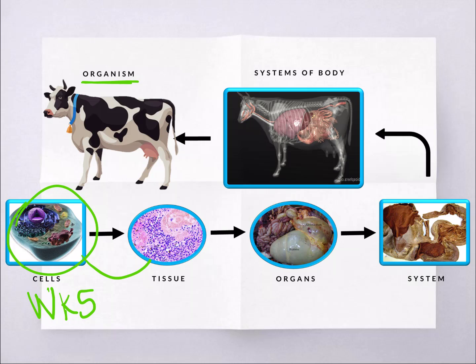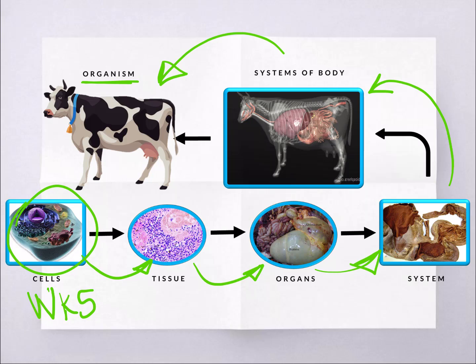And cells build tissue, which builds organs, which builds a system. That system then builds all of the body systems, which then allows an organism to function, to stay alive, to breathe, to digest, and do all of its basic or required functions.